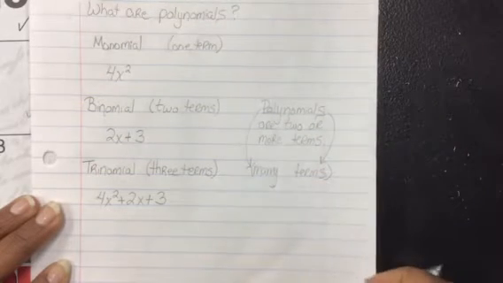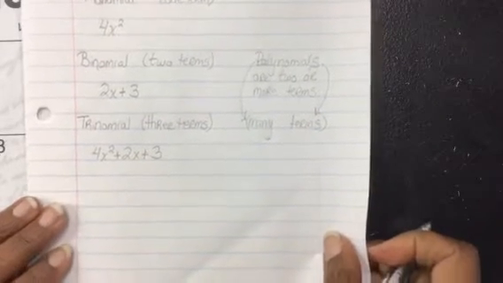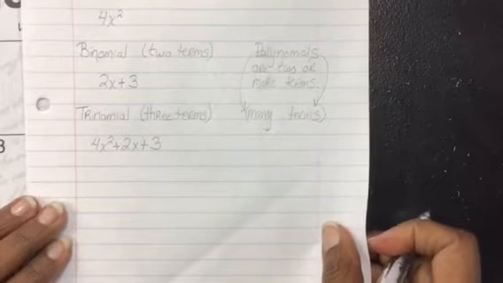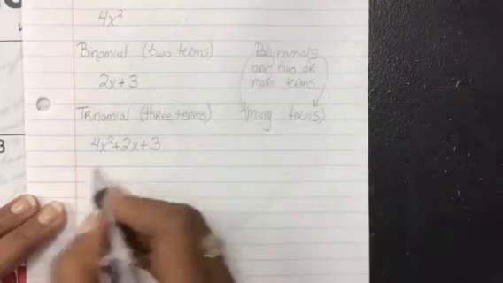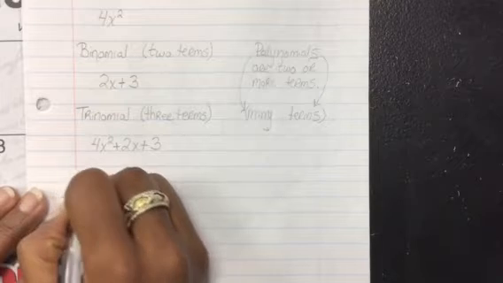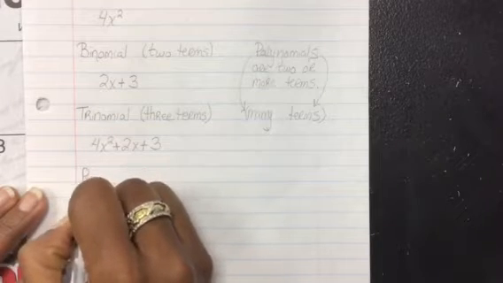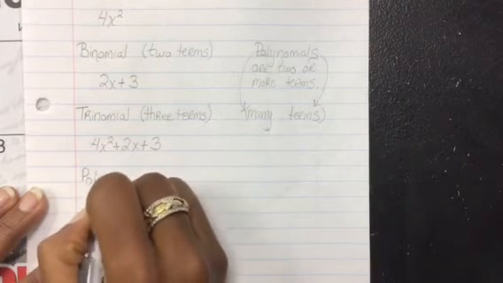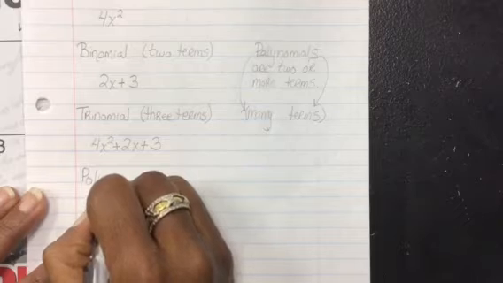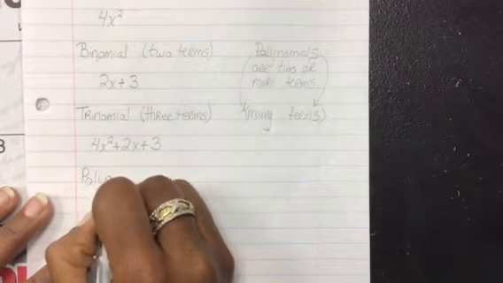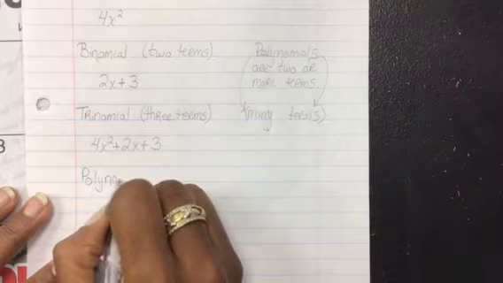And the last example would be a reference to any polynomial that is more. So when we get into 4 terms, 5 terms, we just automatically call it a polynomial.